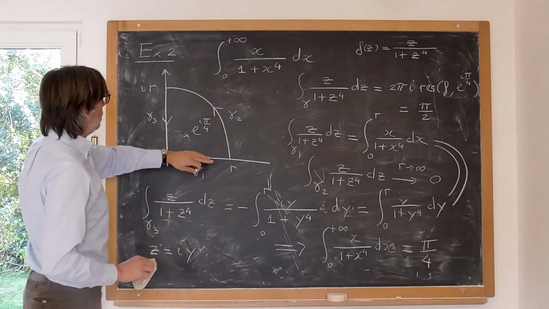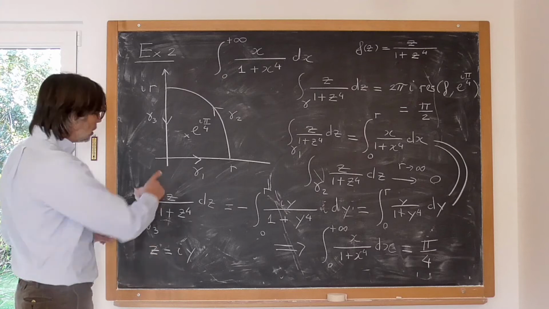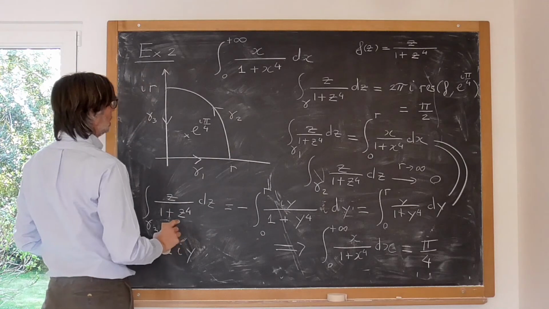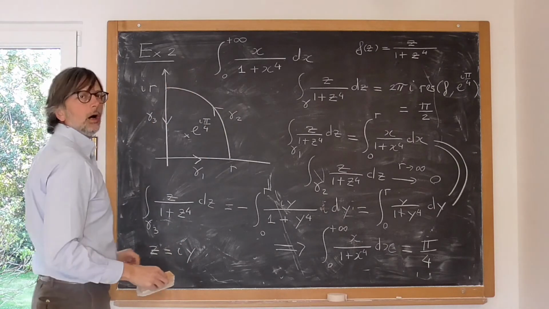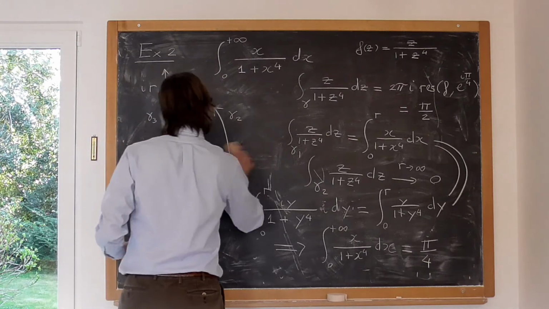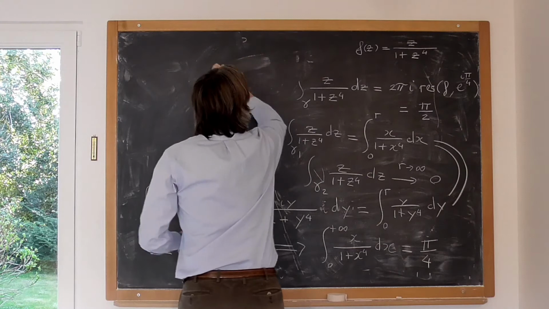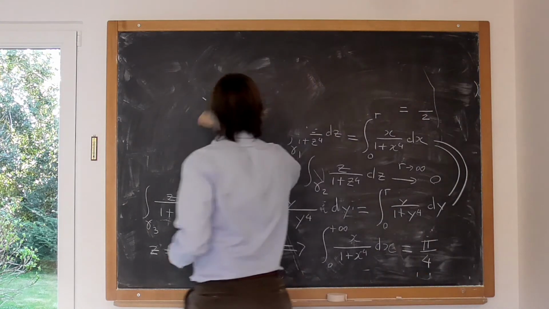So this was an example in which we wanted to integrate on a half line, and we could do it by integrating actually on a quarter of a full circle. Let's sketch briefly another example.